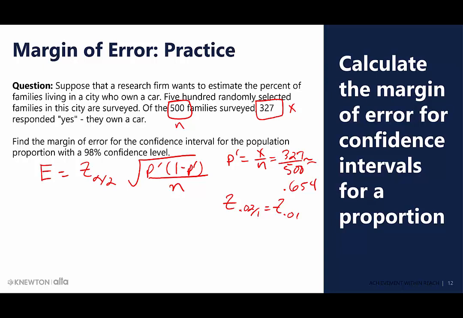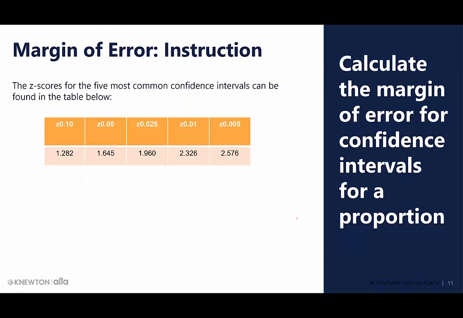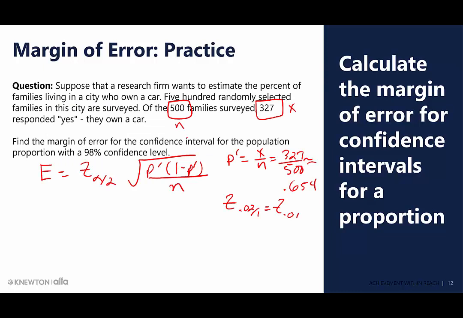Let me go back a slide. Right there, z of 0.01 is 2.326. So the z-score we're going to use is 2.326.